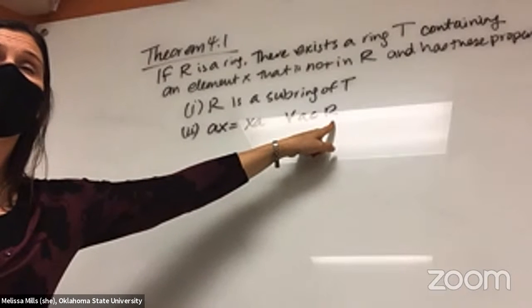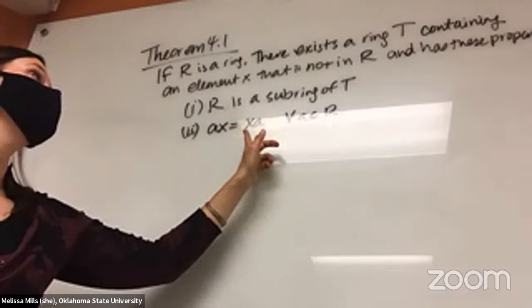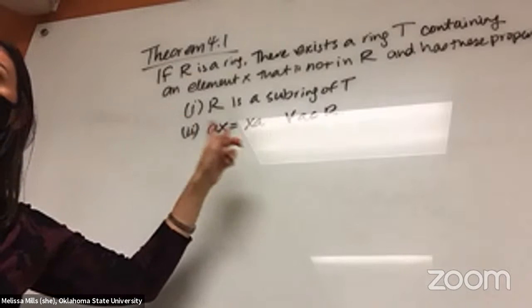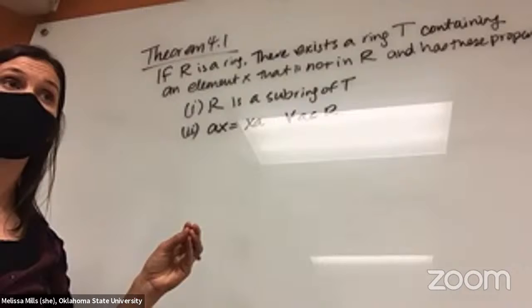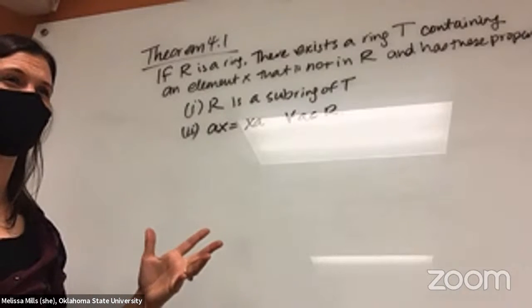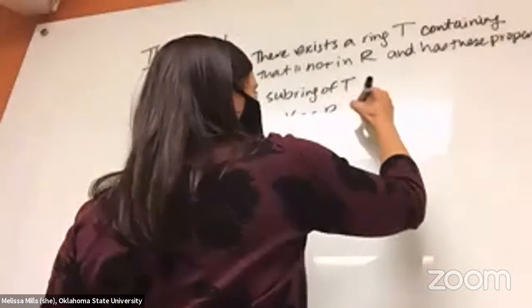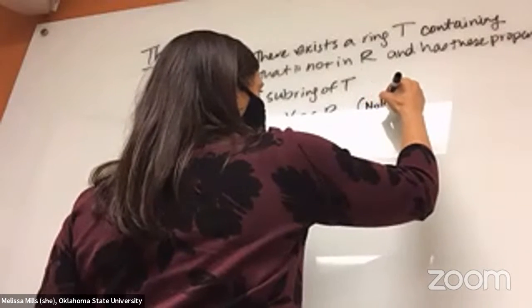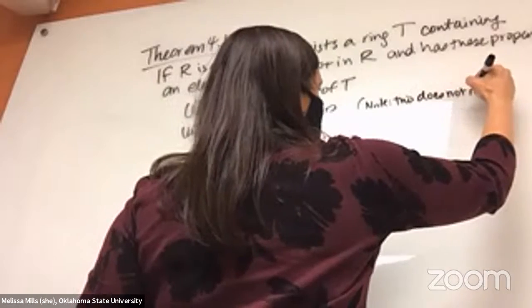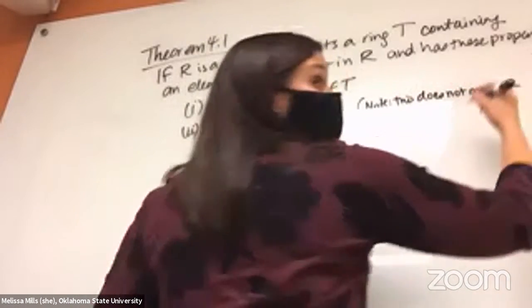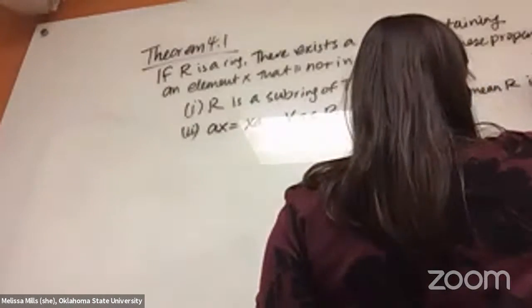All that's saying is that X commutes with the coefficients, but the coefficients don't necessarily commute with one another because R might not be commutative. So I'm going to put a little note here: this does not mean that R, the ring of coefficients, is commutative.